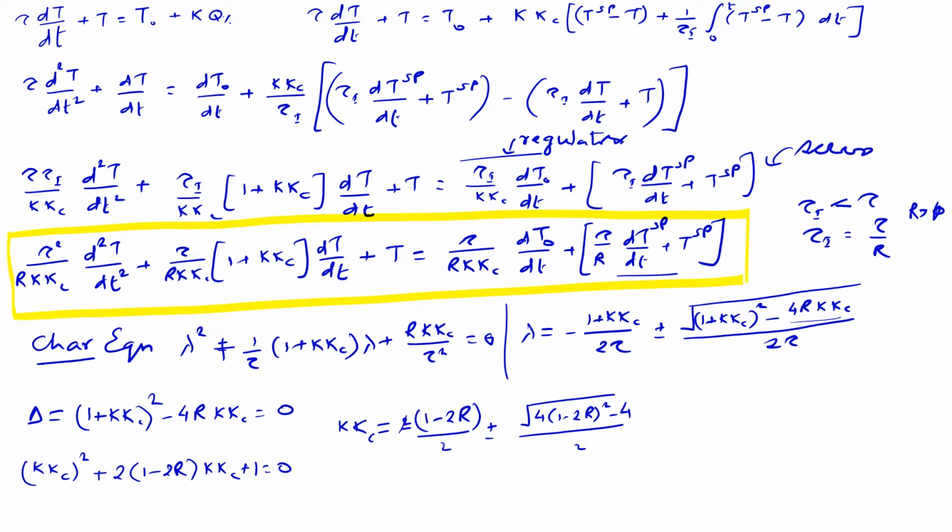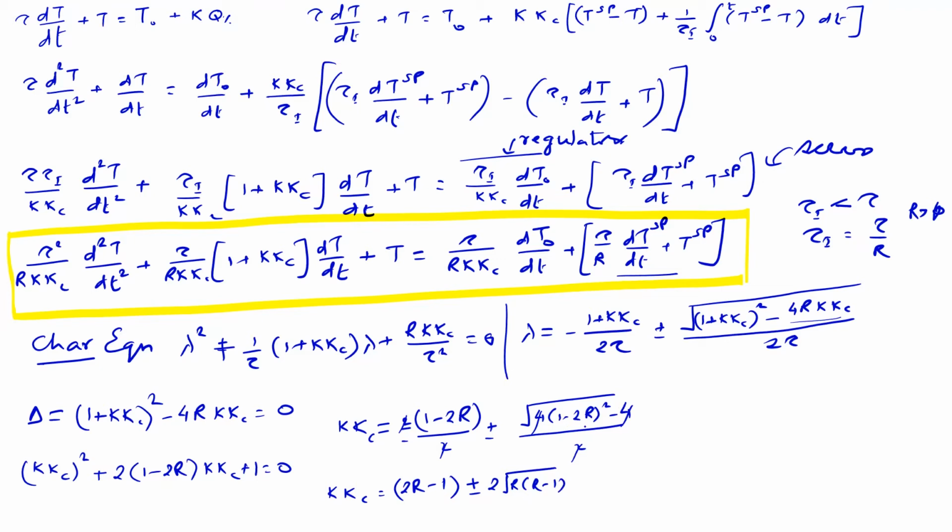So this 2 and this 2 and this 2 and these 4s cancel out, and so what you get is kkc, by the way there is a minus sign here, is equal to 2r minus 1 plus minus 2 times square root r times r minus 1, if I'm not wrong.